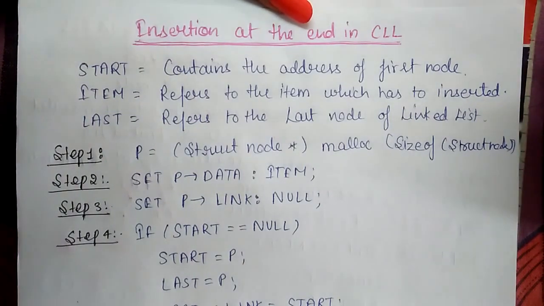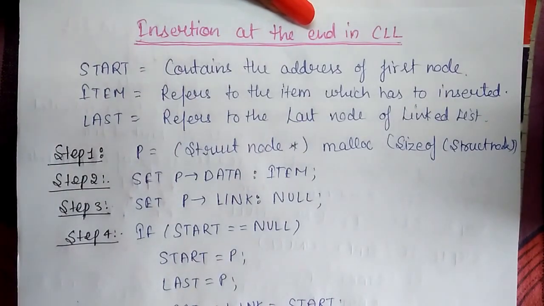I have taken one variable, item, that refers to the item which has to be inserted in the circular linked list. So what are the various steps to perform insertion at the end of a circular linked list?